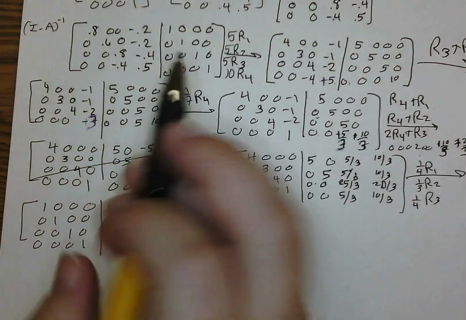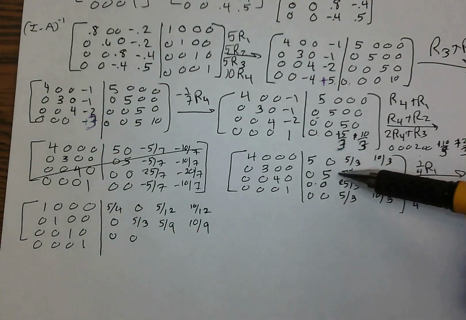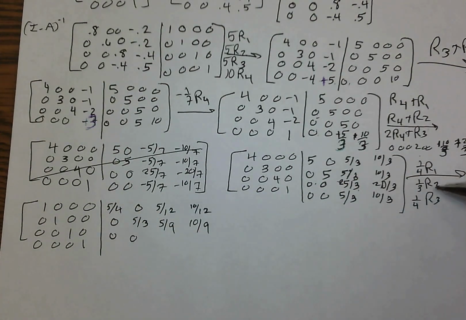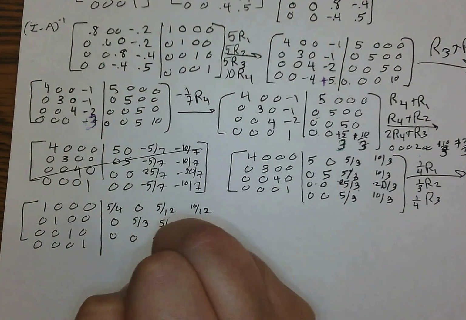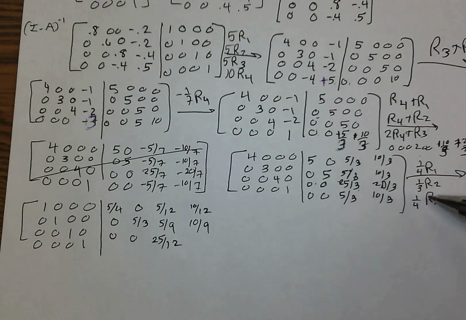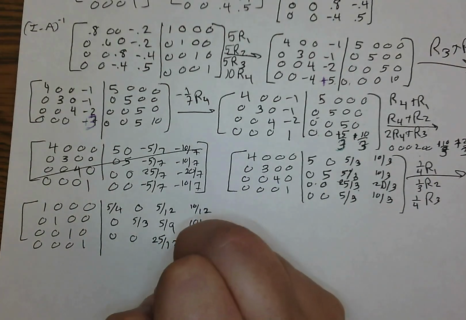So we get 0, 0 here. 25/3 times 1/4 is 25/12. 20/3 times 1/4 is 20/12.